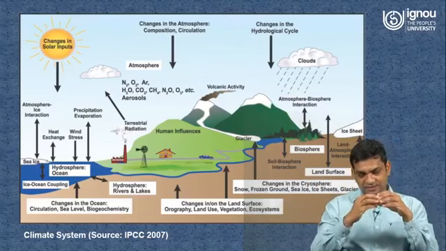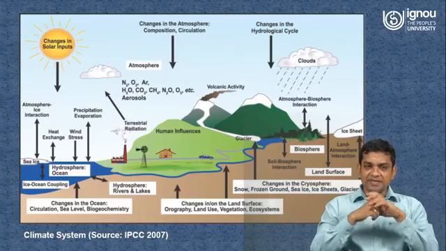That's a key thing, because through the hydrological cycle, the atmosphere and hydrosphere systems are coupled. We know fully well that the evaporation process takes up a lot of energy, the solar energy.